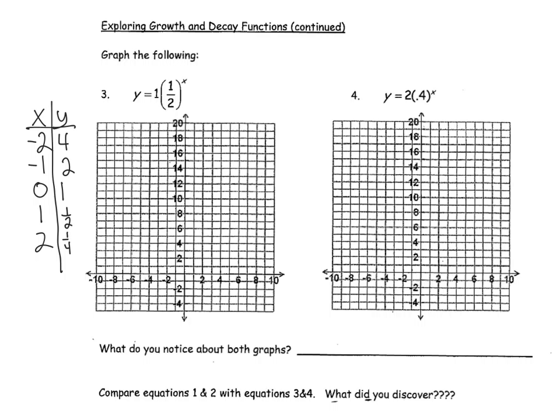So now, graph those ordered pairs, please. -2, 4. -1, 2. 0, 1. Oh, that's my y-intercept. 1, 1/2. 2, 1/4.